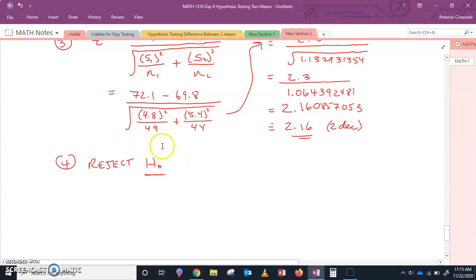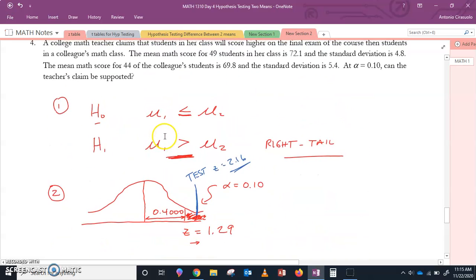We're going to reject our null hypothesis. And we're going to say that this is what we believe to be true. That the mean of her class is in fact greater than the mean of her colleague's class.